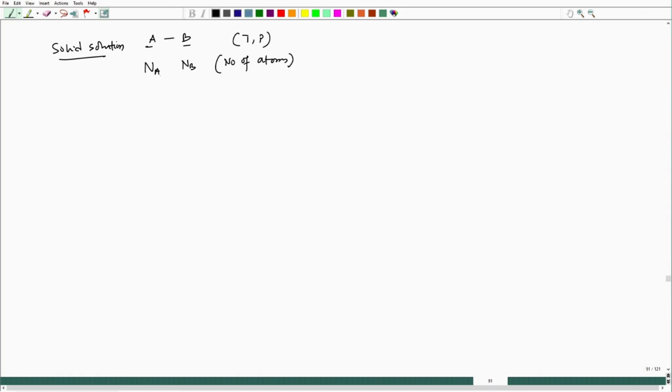These two numbers are chosen in such a fashion that N_A plus N_B gives me a number which is Avogadro number. Hence, when I make a solution, it is basically 1 mole of solution, a homogeneous mixture.